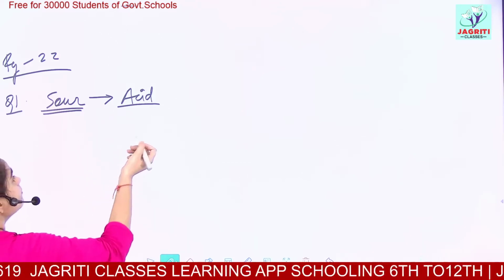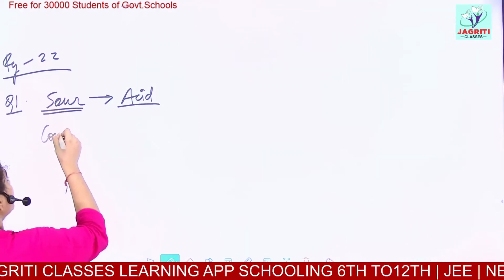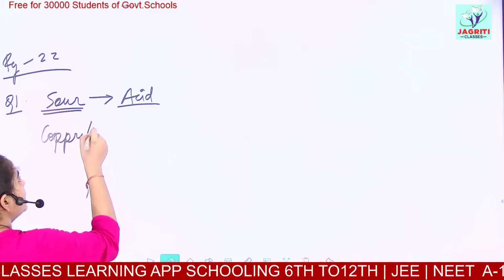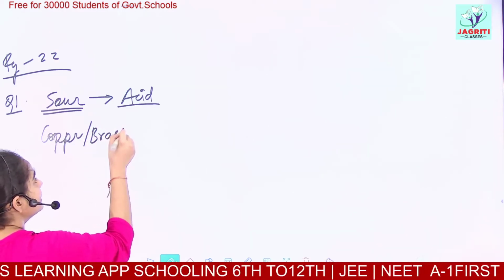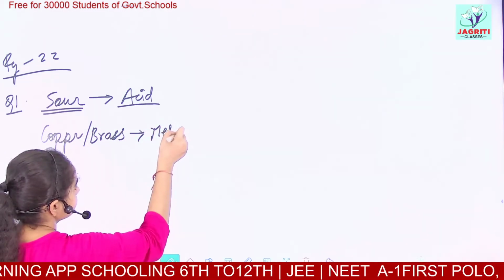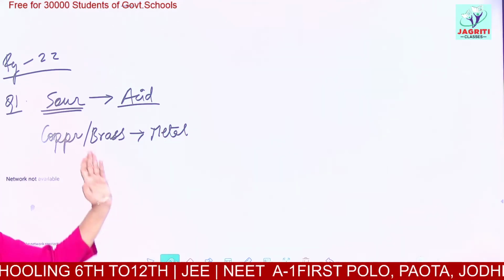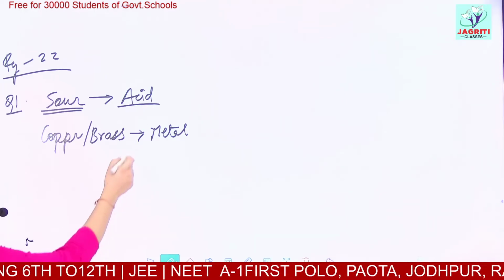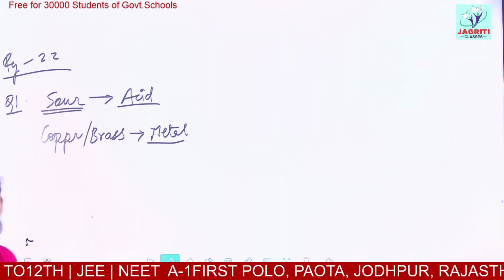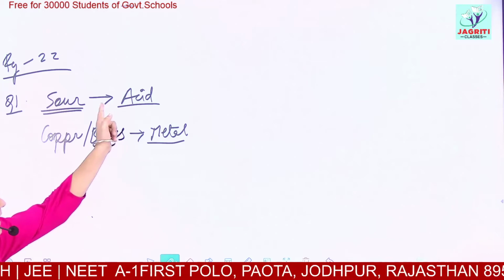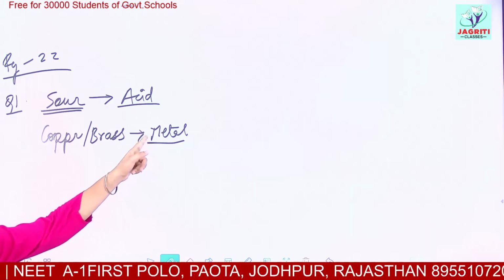And if we store it in a copper vessel or brass vessel, copper and brass are metals. I have already told you in the chemical properties that acid reacts with metals and hydrogen gas is evolved. So these acids should not be kept in metal vessels.